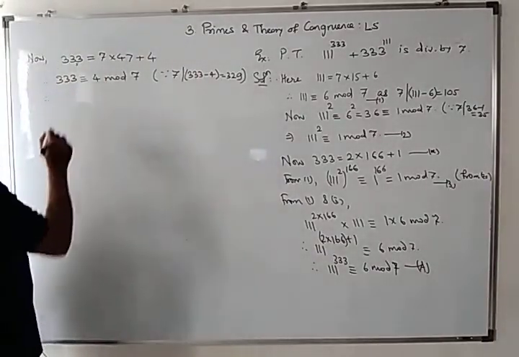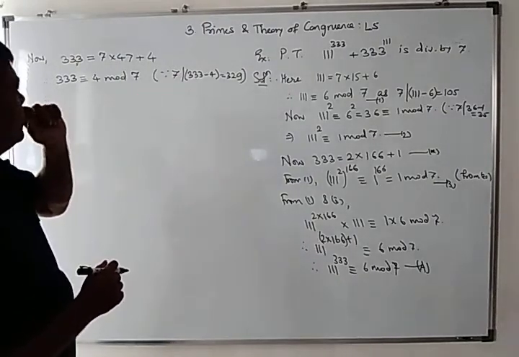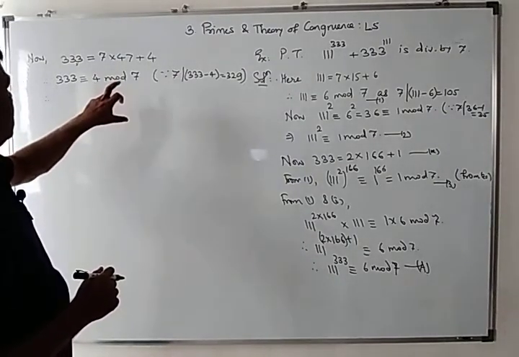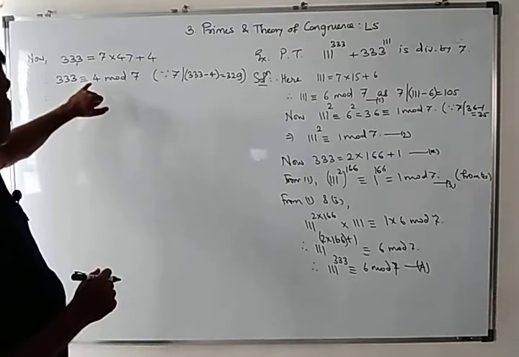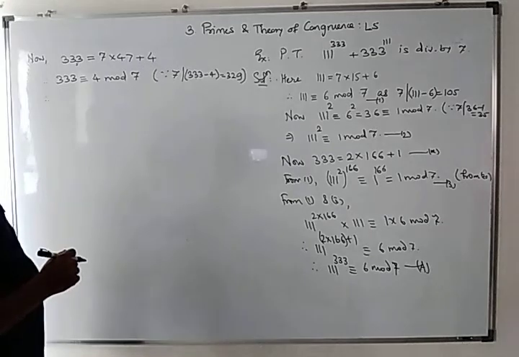What this implies is, now we'll find the remainder. I want the remainder to be 1. If I take 4 square, that is 16.